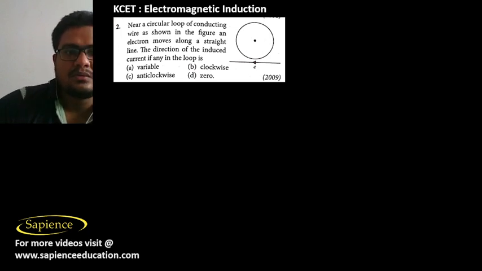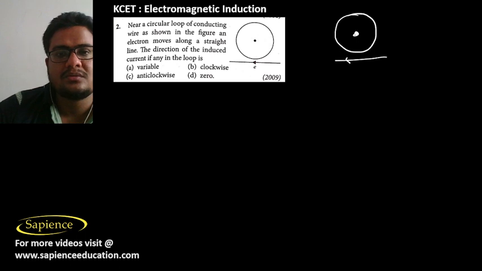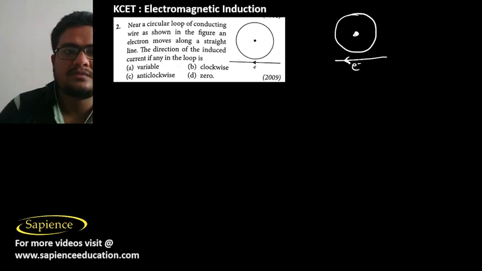In question number 2, it is told there is a circular loop of conducting wire as shown in the figure, and an electron moves along a straight line near it. What is the direction of the induced current, if any, in the loop? So an electron moves along a straight line.